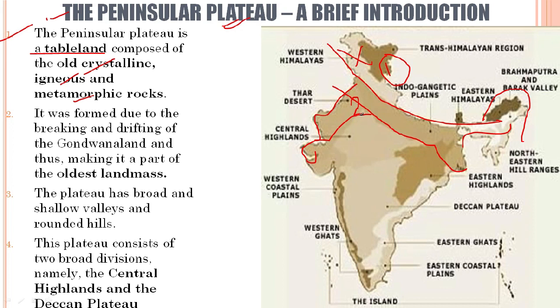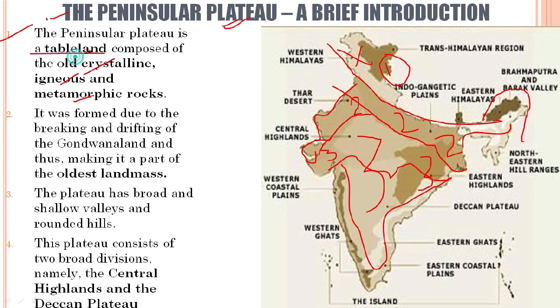So this was region 2, the northern plain. Now students, if you look at the region which is left, you can easily see it is this. Okay, so this is region 3, and region 3 is known as the peninsular plateau.